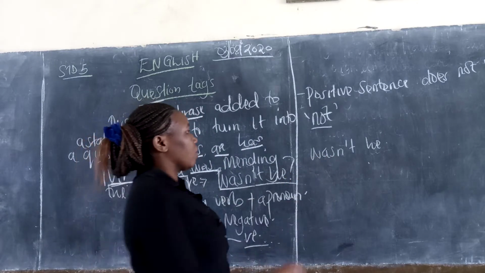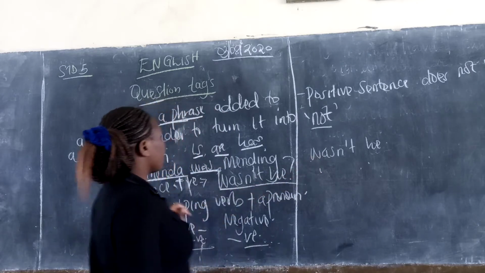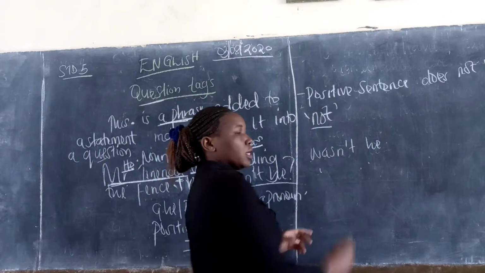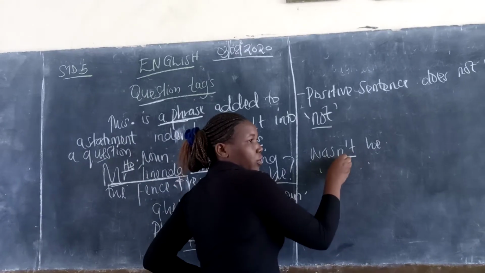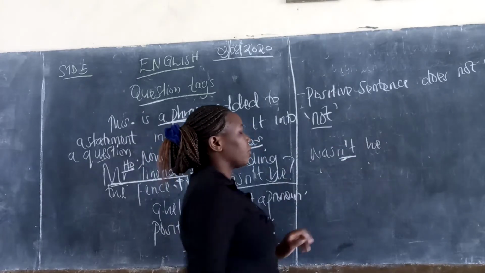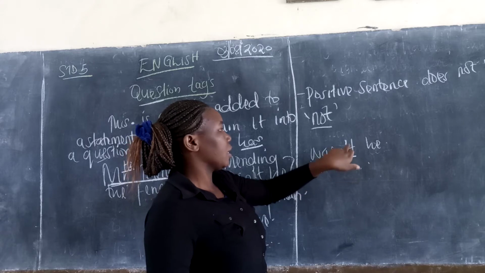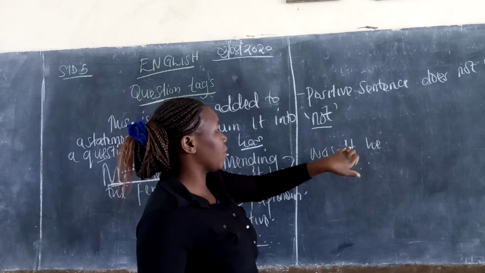We can say was not, but for a question tag we do not use was not. We usually use the short form of not, with an apostrophe, then nt. There is no o here.